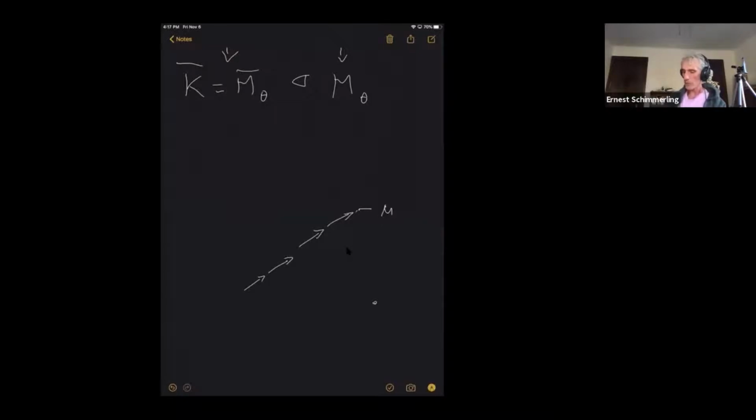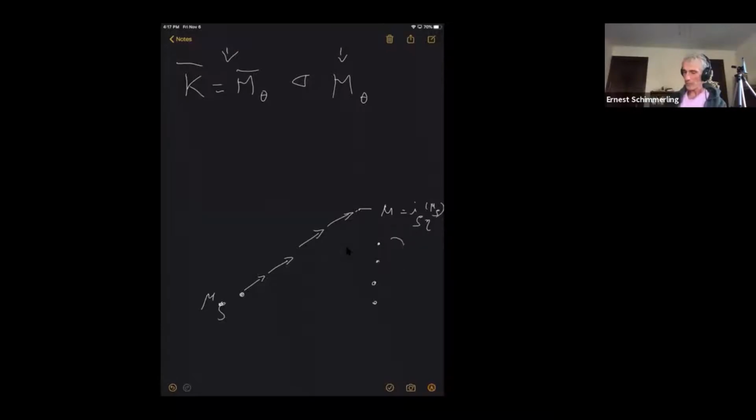These critical points are being sent up to mu zeta, and that's equal to I zeta eta of mu zeta.